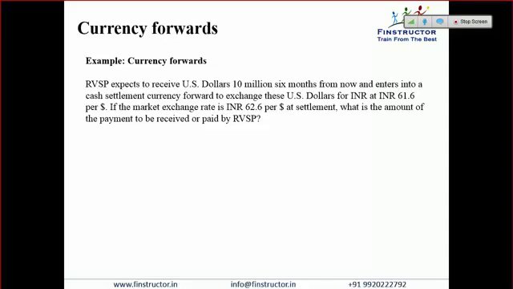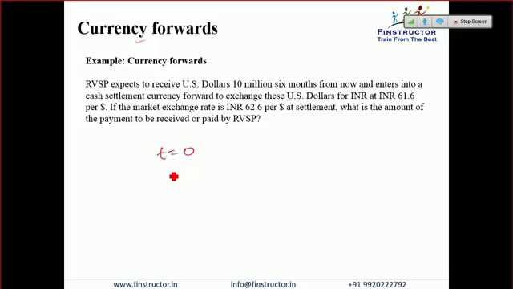Just like we studied forwards on T-bills or on equities, forwards can be on currencies as well. So RVSP expects to receive US dollars 10 million 6 months from now.